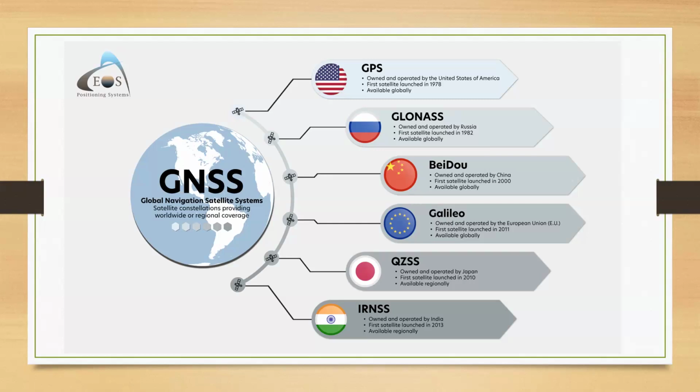Coincidentally, GLONASS, when translated into English, has the same abbreviation as the GNSS, the generic name, the Global Navigation Satellite System. Then, a little more recently, about 25 years ago, the Chinese put up their own system, which is the Beidou.